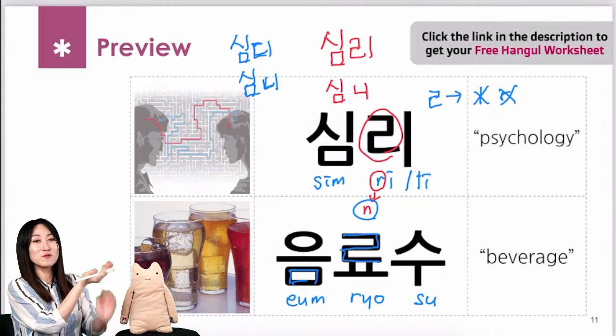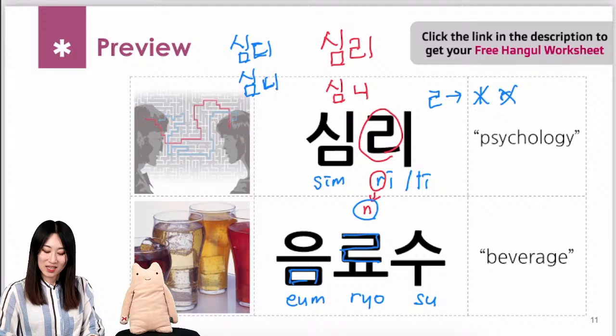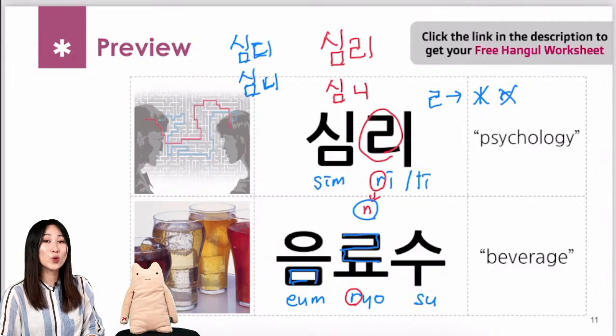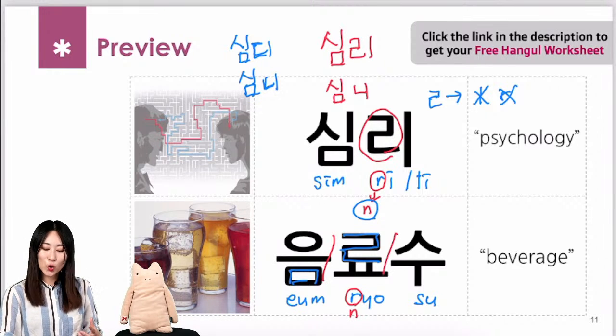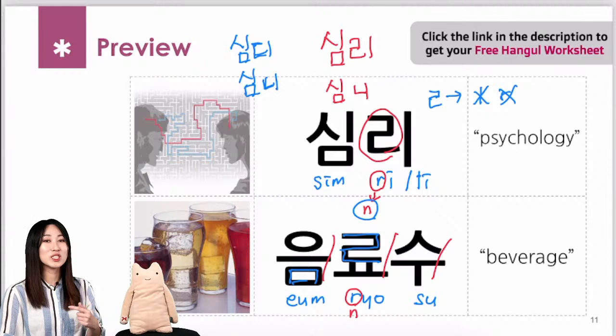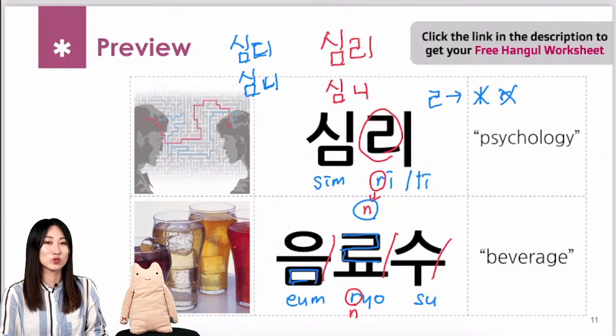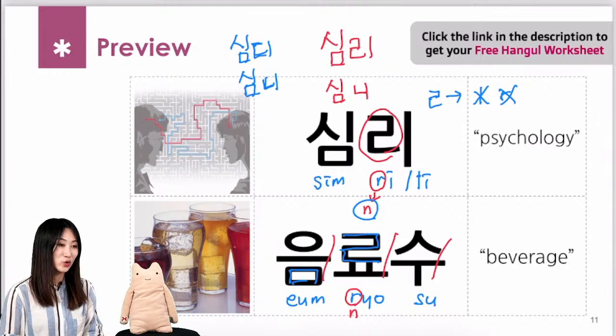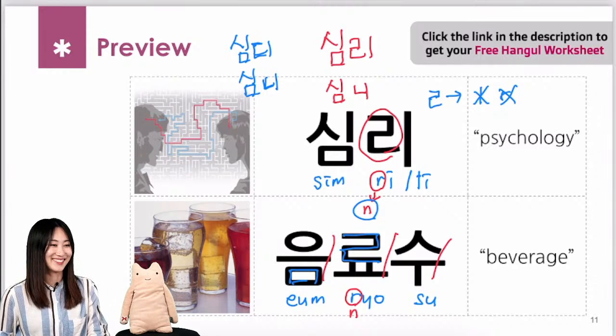So even before rolling, you just pronounce it. So theoretically, it should be 음료수, but we just say 음뇨수. 음료수 is too hard. Yes, it's 음뇨수. Perfect.